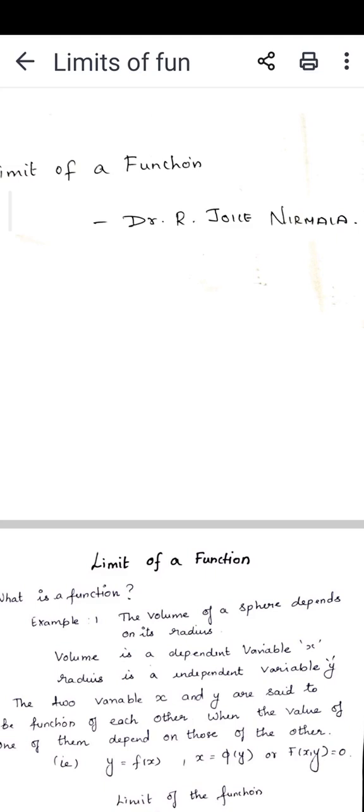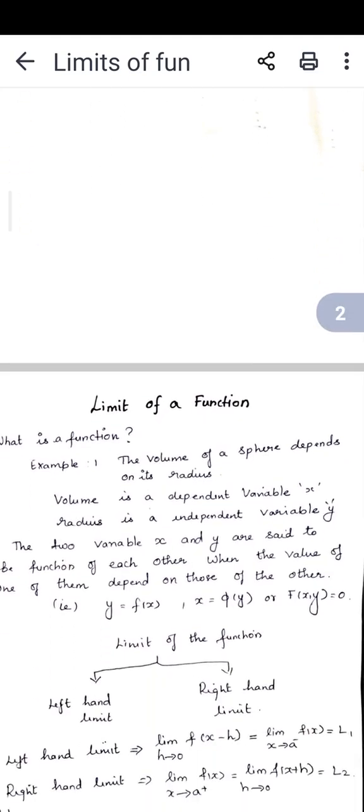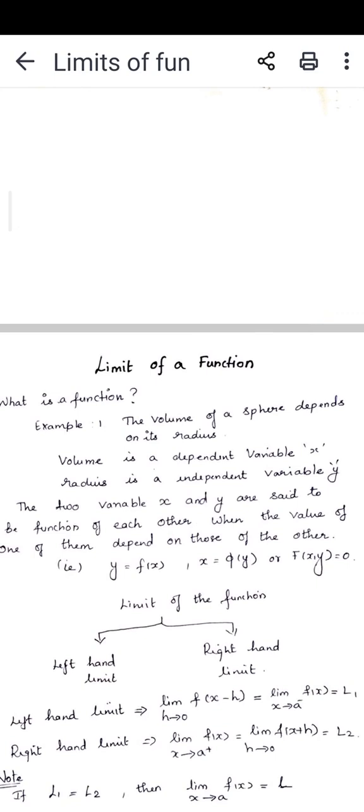While finding the limit, we come across two types: the left hand limit and the right hand limit. For example, if a is a limit point, then a minus, that means the value which is less than a, belongs to the left hand side and approaches a.